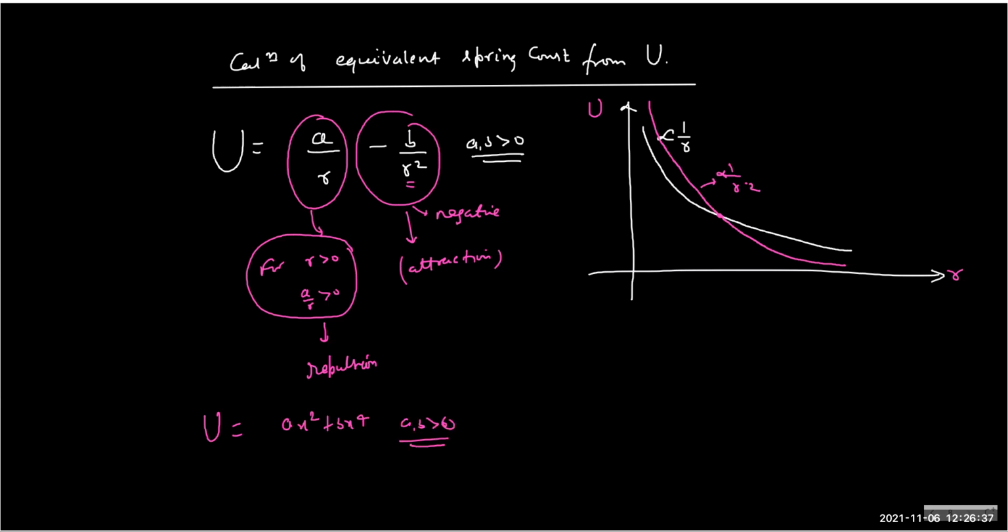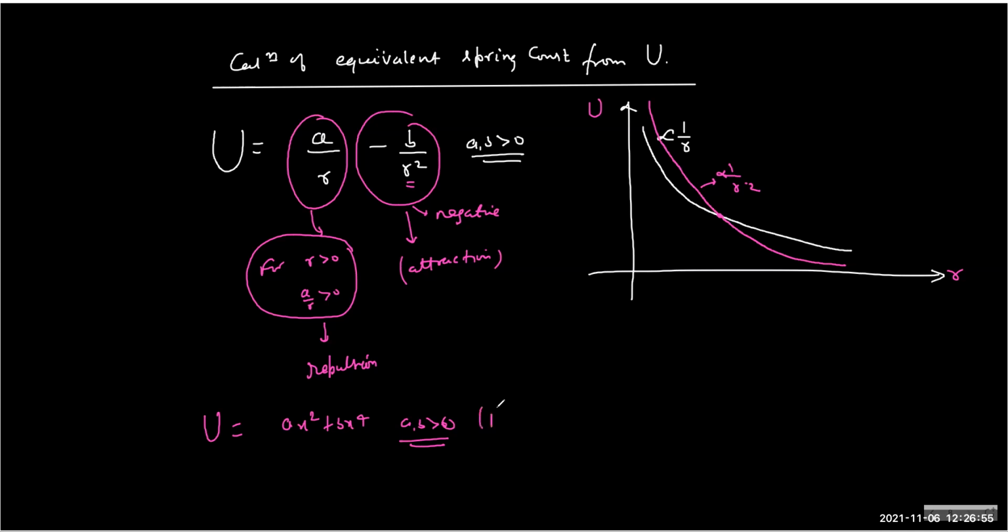Now what can we say here? Here every term is positive because even powers are positive, if you remember. So here there is no negative term, which means only one category of force is possible here, which is repulsive.